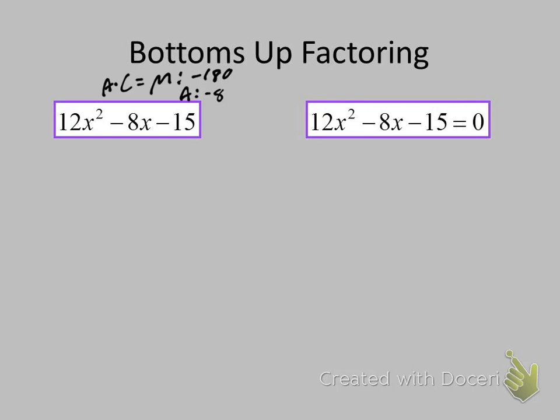Alright, so we have x's here and here. Since the multiply number is negative, that means one plus, one minus. And what two numbers multiply to negative 180 and add to negative 8?